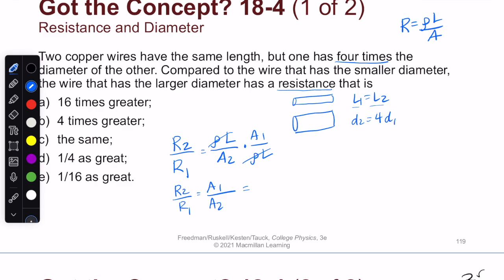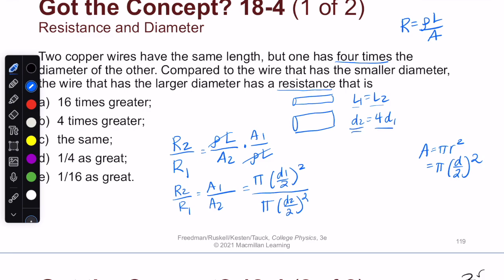So what are A1 and A2? They are the cross-sectional area of the wire, which is a circle. Normally the area of a circle is pi r squared, but since we're dealing with diameter, I'm going to change that r to d over 2. So we have pi times d1 over 2 squared, over pi times d2 over 2 squared, but what is d2? D2 is 4 times D1. I can plug that in.